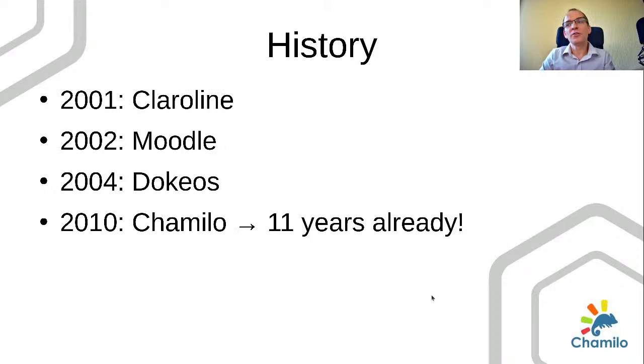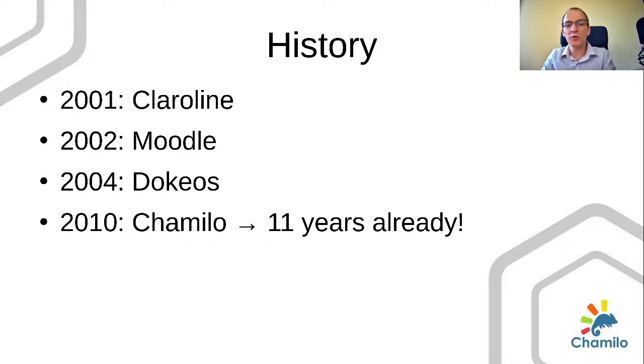So in terms of history, it's important to know that Chamilo exists since 2010, but actually it has some important elements of history before. One of them is that it started actually with the Claroline project in 2001, while Moodle, for example, started in 2002 with the first release of their software.